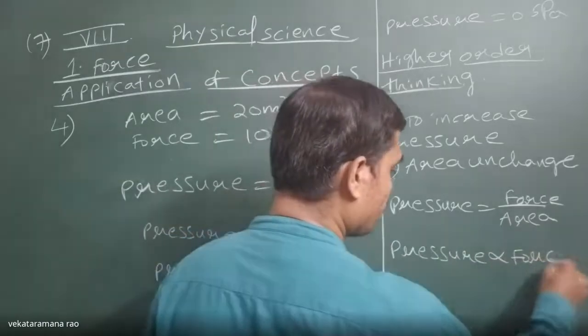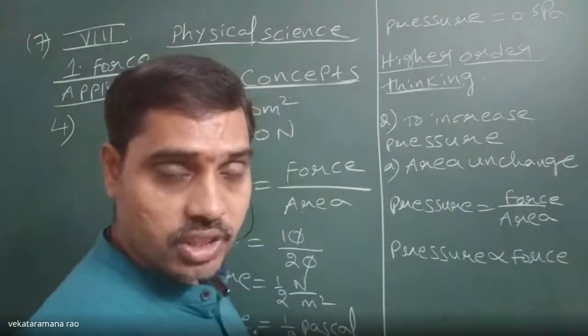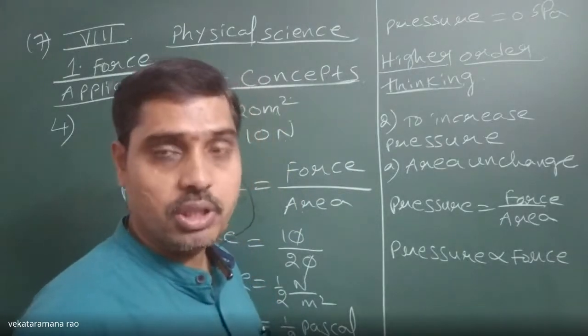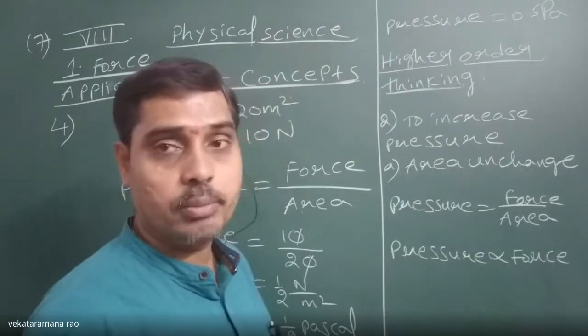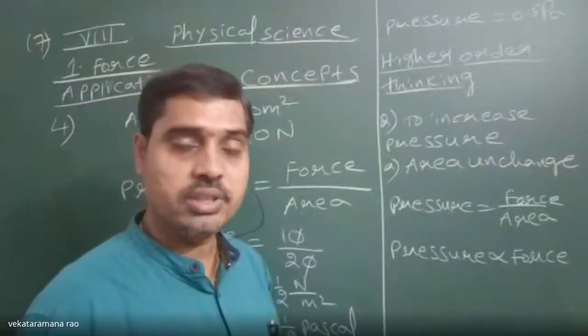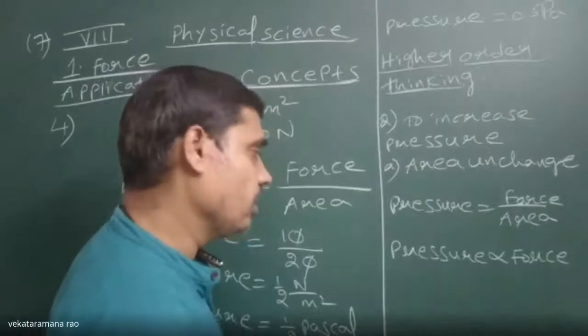That means if force increases, pressure increases, and if force decreases, pressure decreases. If the force exerted on the body is more, pressure will be more. If the force applied on the body is less, pressure will be less.